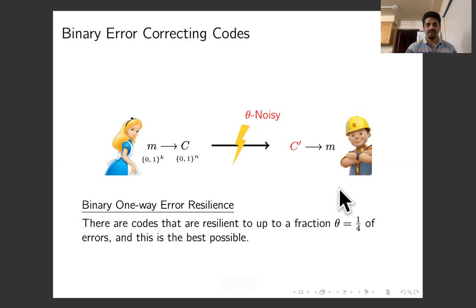And it turns out that there's a sharp threshold, which is 1/4, below which there are error correcting codes that will allow Alice to send the message M to Bob, and above which there's nothing Alice can do so that Bob decodes M. Okay, so this is the one-way channel where Alice wants to send a message M to Bob, and the maximum error resilience that you can get is 1/4.